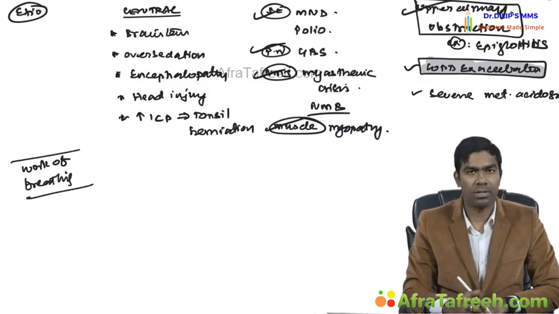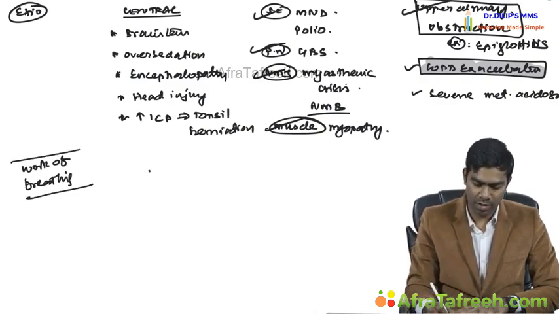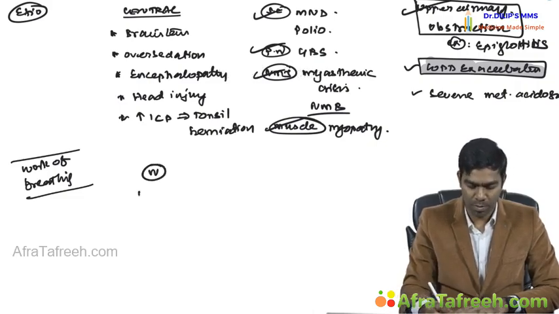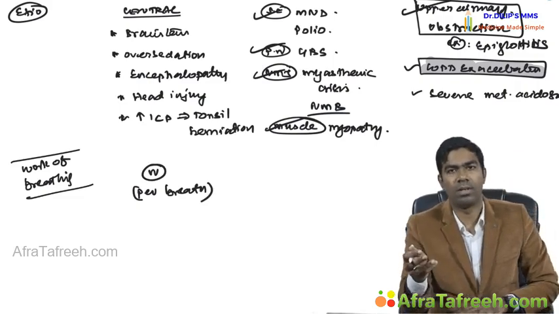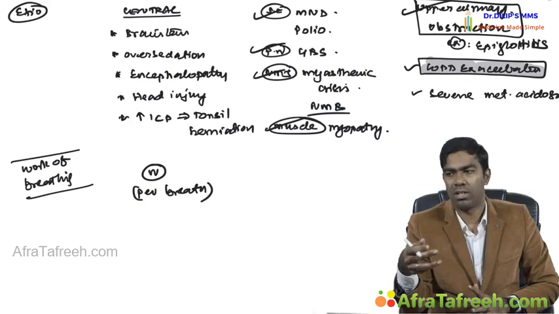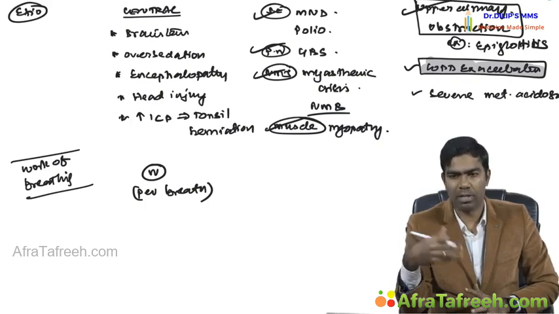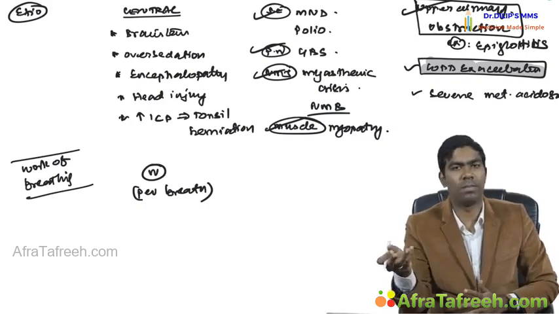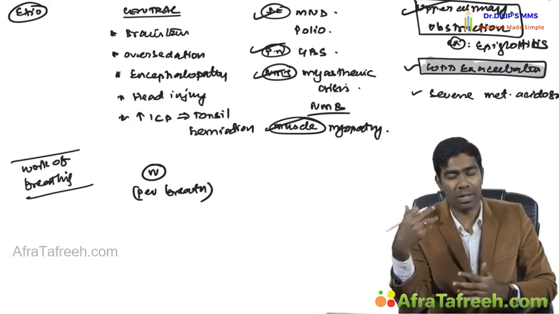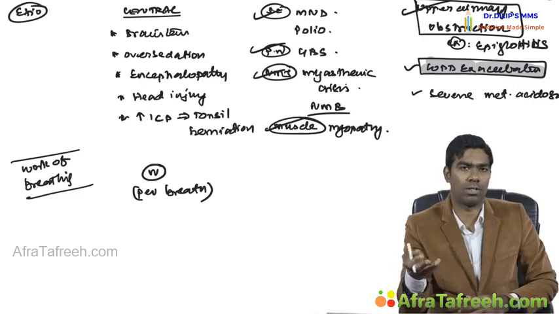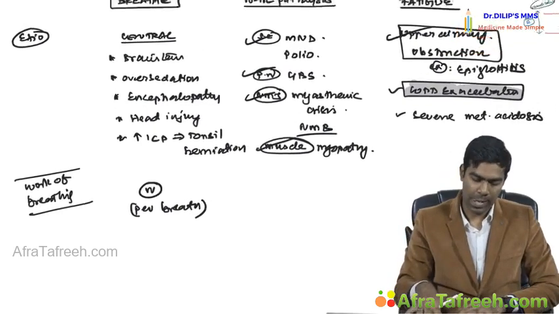Remember, in a patient who is having a central hypoventilation, work of breathing will be normal per breath. I am talking about per breath. Per breath, the work of breathing will be normal, because they breathe normally. I mean, the tidal volume will be normal in them, only they don't have the proper respiratory rate because the drive is lost, but the work of breathing will be normal.